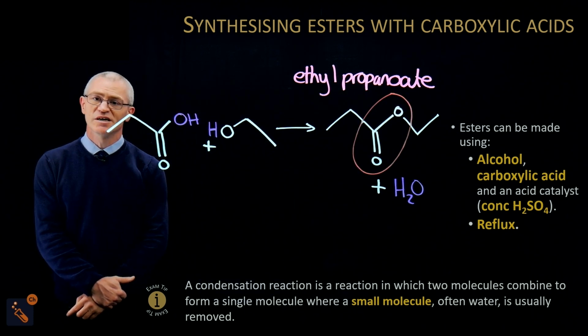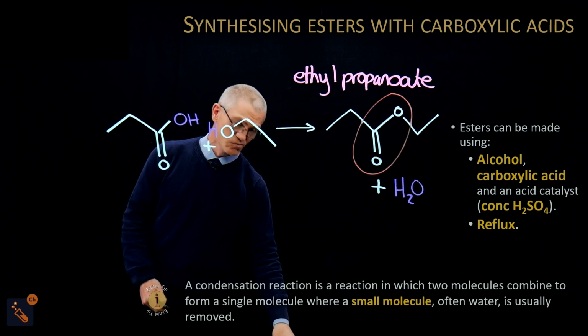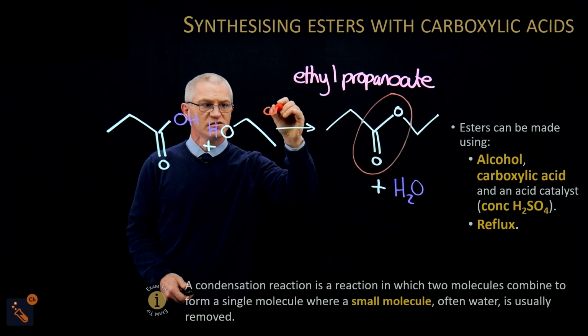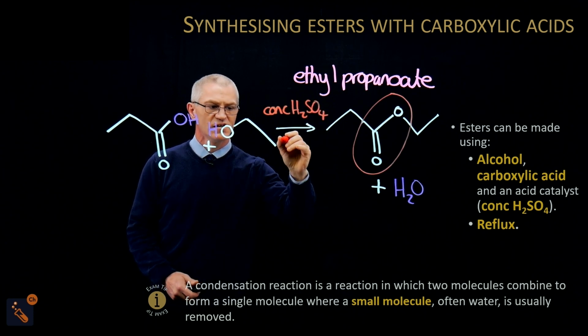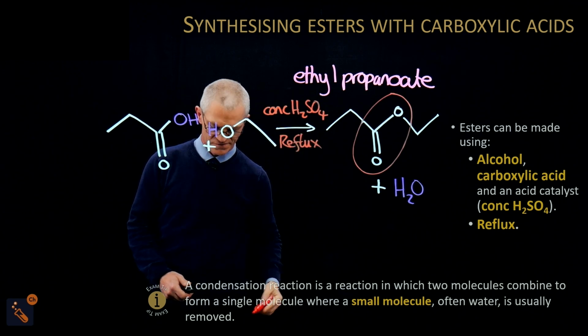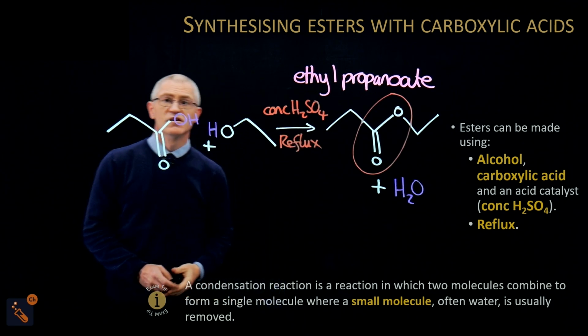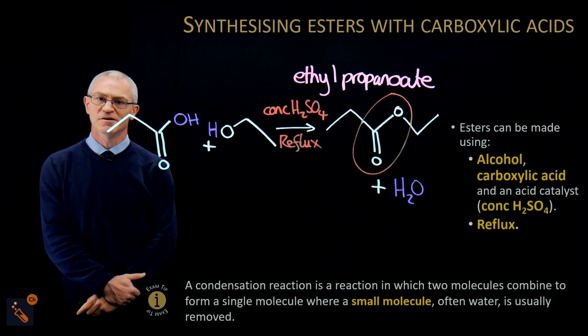So that is the simplest way in which you make esters, and don't forget, with our concentrated H2SO4 and reflux as our full conditions. And that is how you make an ester.